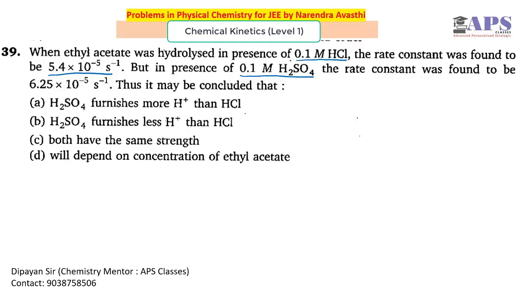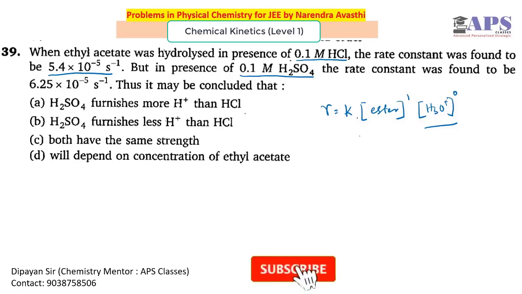So both are first order reactions, and this is a case of pseudo unimolecular reaction. Correct. So if it is a pseudo unimolecular reaction, the rate will depend on the concentration of the ester only, not on the concentration of acid or water, because water is in large excess and acid is only present as a catalyst here.